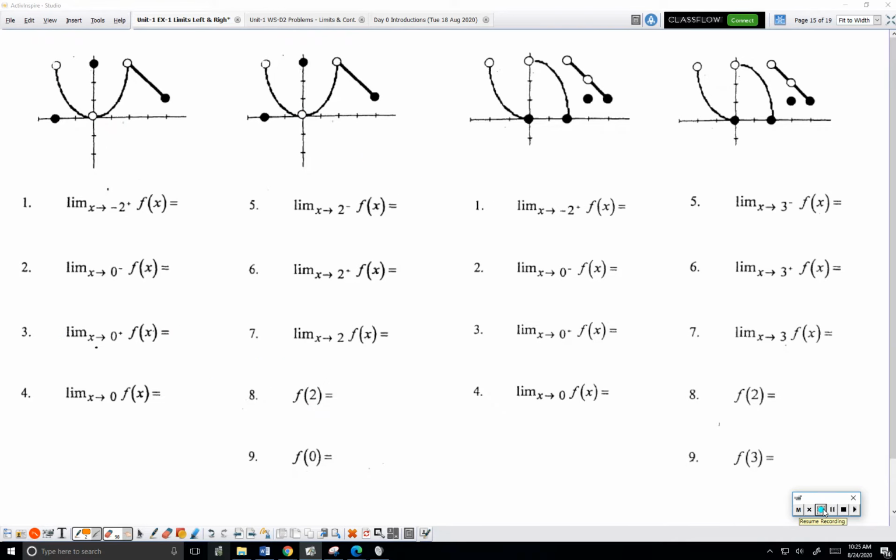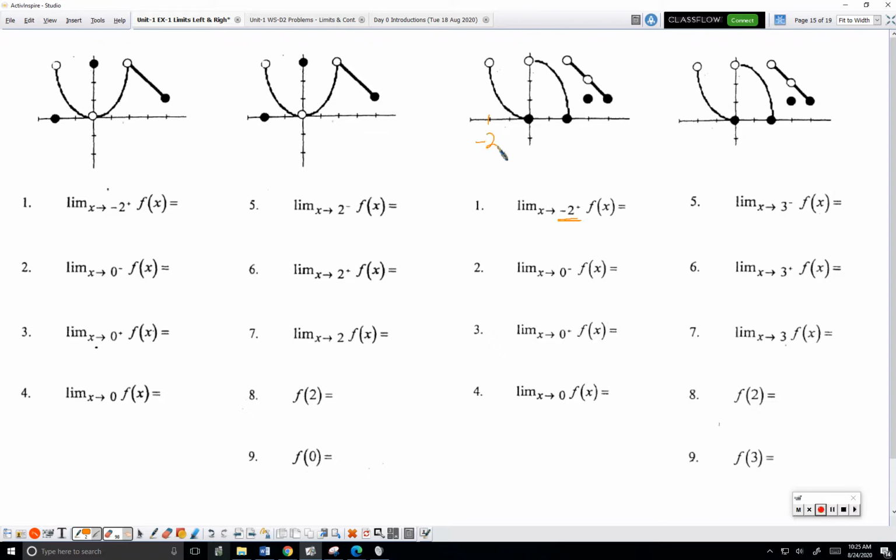Okay, now I'm just going to work through the second half of this extra example sheet. So here it says, limit as x approaches -2 from the right. So again, I look at my graph, I find exactly x equal -2.